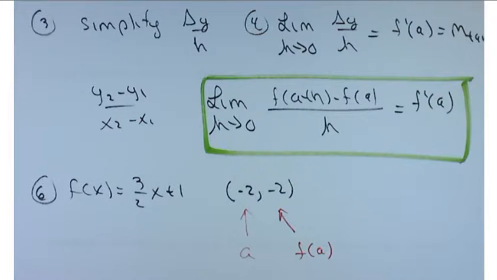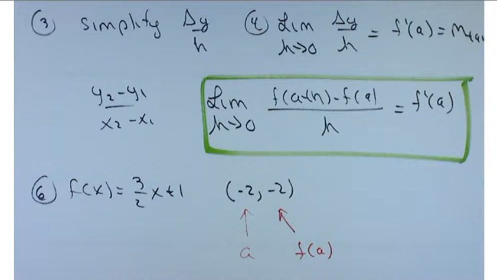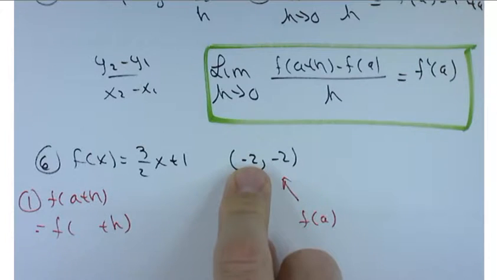So what do we need to do first? Well, we've already got f of a. So what we're going to need next is f of a plus h. So that's our first step. F of a plus h, which is really going to be f of -2 plus h. That -2 is coming from the x-coordinate here.